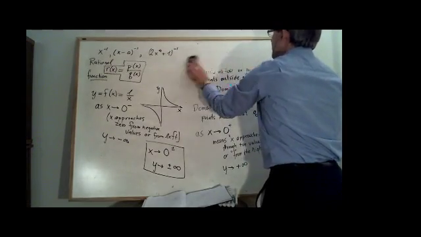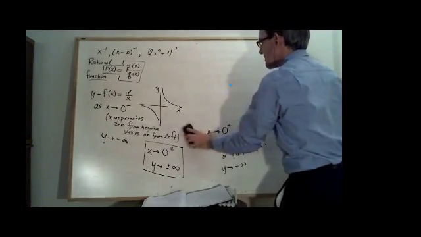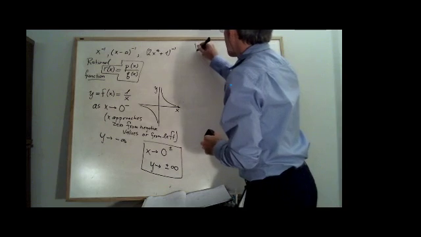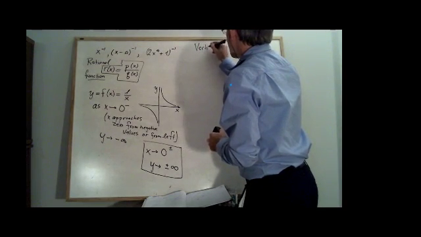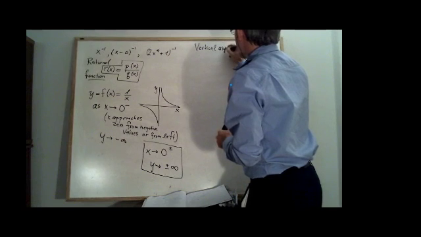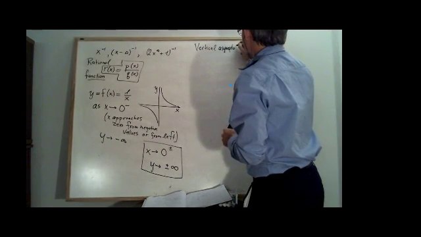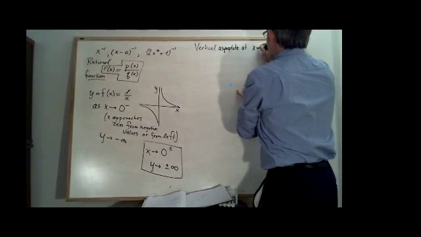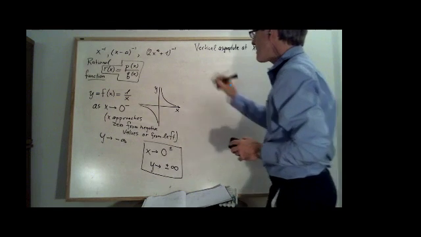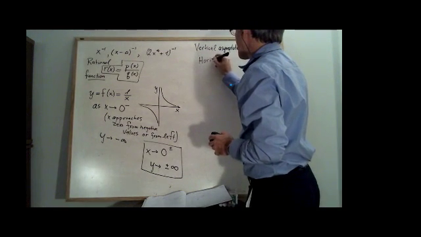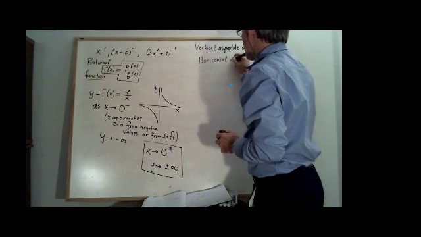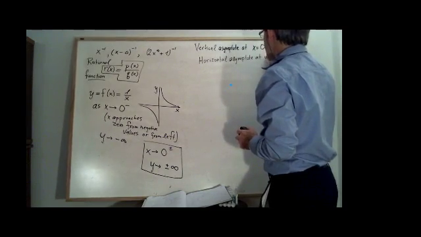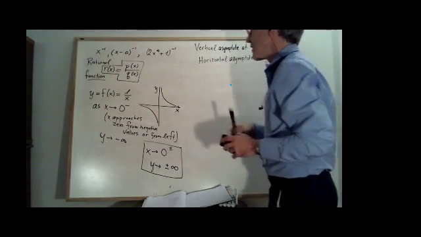So with rational functions, we'll have vertical and horizontal asymptotes: a vertical asymptote at x equals 0, and a horizontal asymptote at y equals 0, that's a straight line.